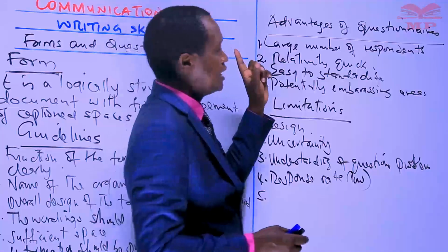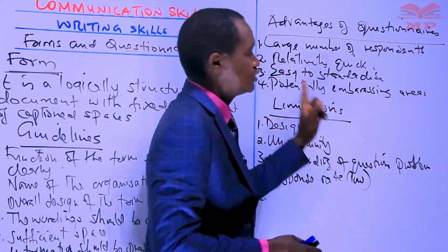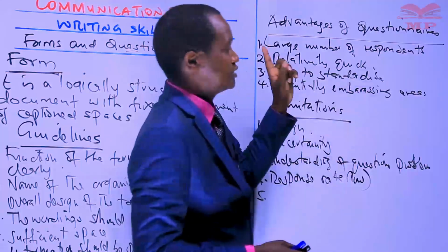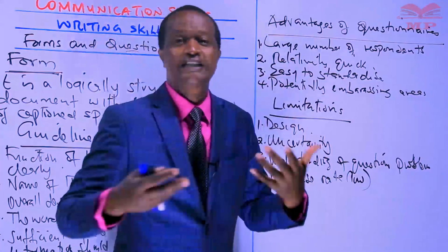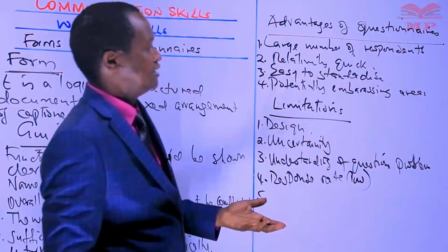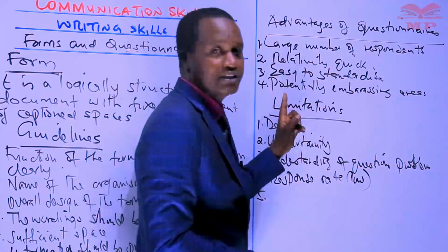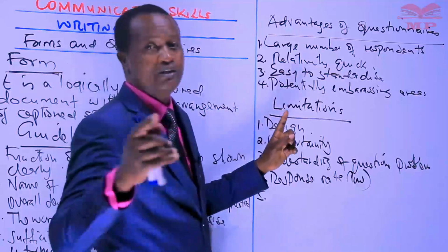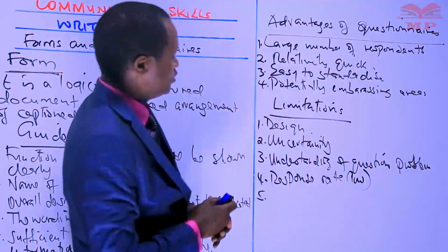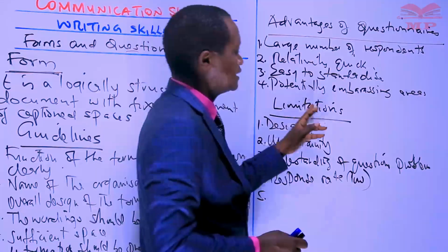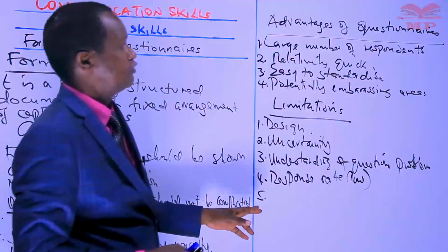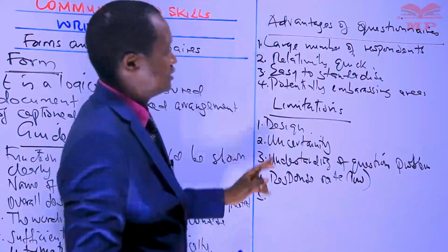When people answer questions in privacy through questionnaires without revealing their identity, then there is high chance that the researcher can obtain information. Then we went further to discuss the limitations in today's lesson of using questionnaires to gather data.